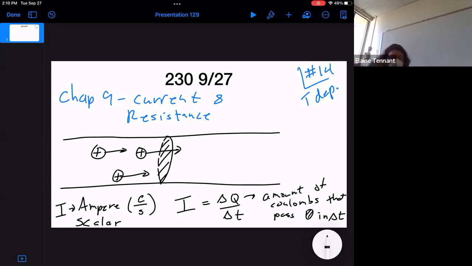Next thing, you notice in this toy picture that I've drawn, I have positive charges moving. Is that the reality of what actually happens inside a metal substance? No, right? Because what really moves inside of a metal substance? The electrons, right? The negative charge.